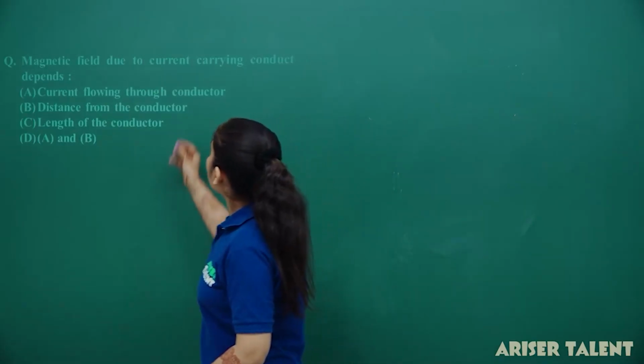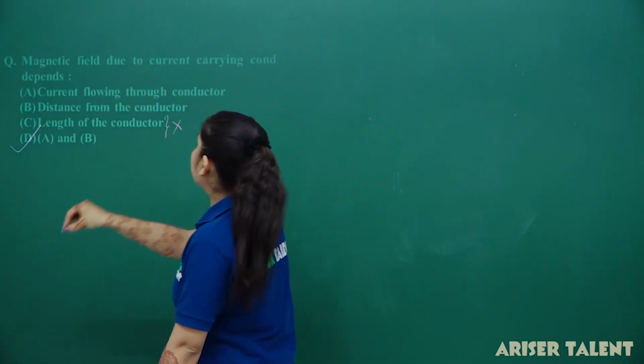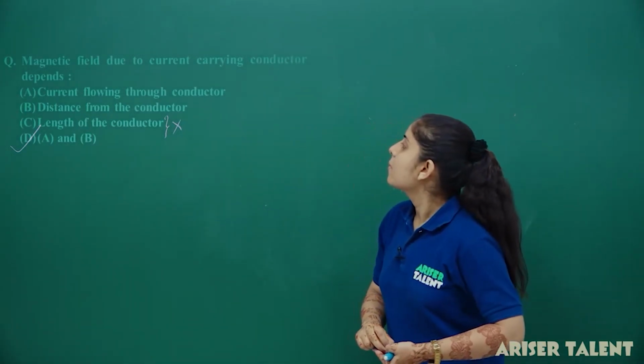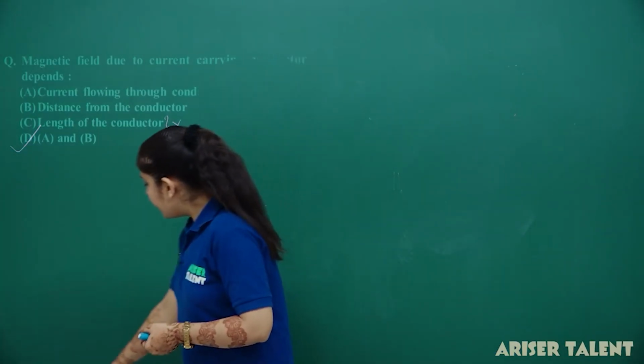So I can say that options A and B are correct here. It is not going to depend upon the length of the conductor. Now let's move to the next question in this sequence we have.